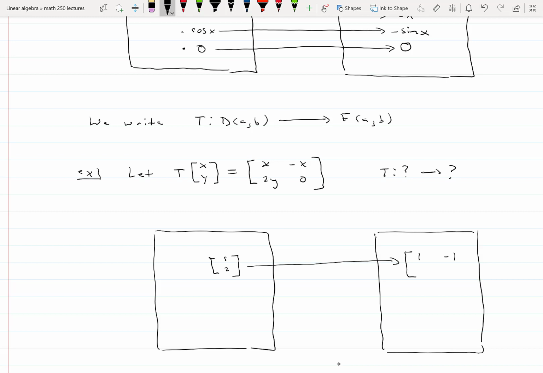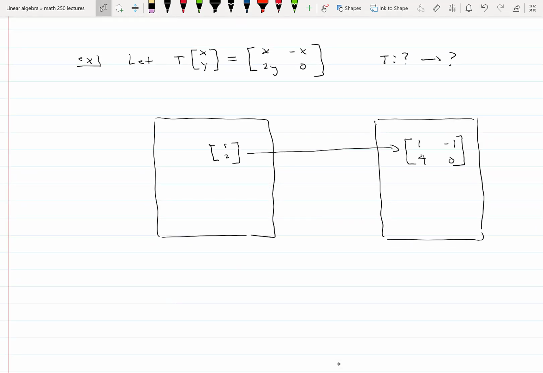And then in the second row, we doubled the y value, so it's 2 times 2, or 4. And we leave the element in the second row and second column 0. So we would say that T takes (1, 2) and turns it into the matrix (1, -1, 4, 0).